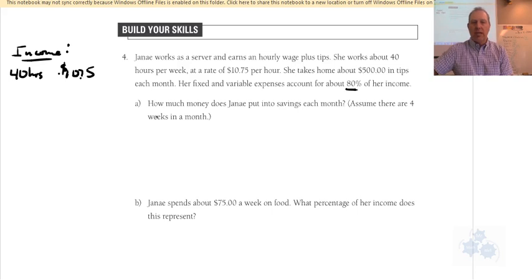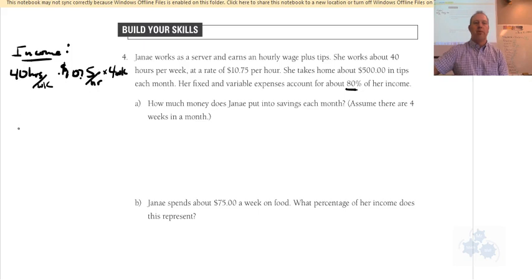Okay, so what does A say? How much money does Janae put into saving each month? So let's take a look at her monthly earnings. So 40 hours per week times $10.75 times 4 weeks, and this is per hour.